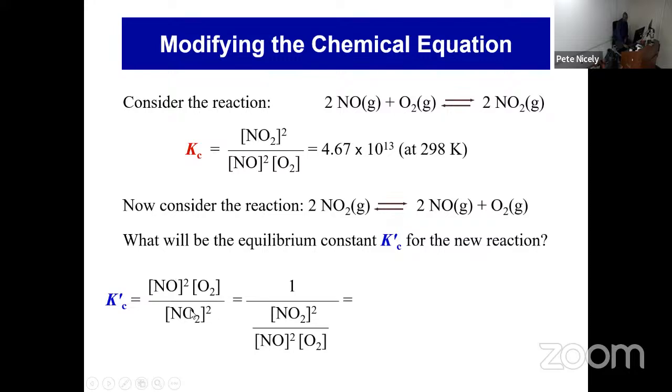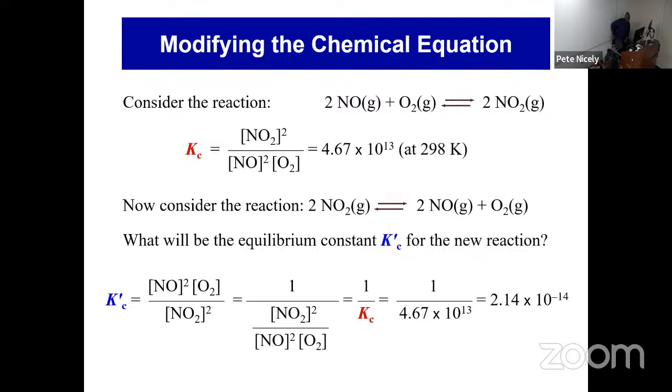This is 1 over the original expression, and that expression is equal to Kc. Therefore, Kc prime would be equal to 1 over the original Kc, which is 4.67 times 10 to the 30. So we just do 1 over that value, and that gives you the Kc for the reverse equation.